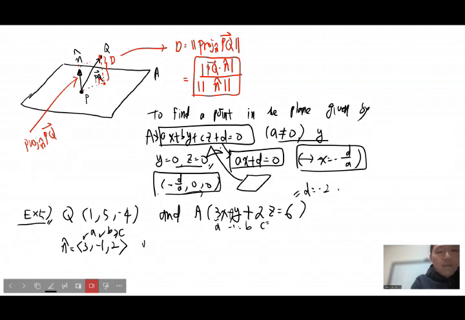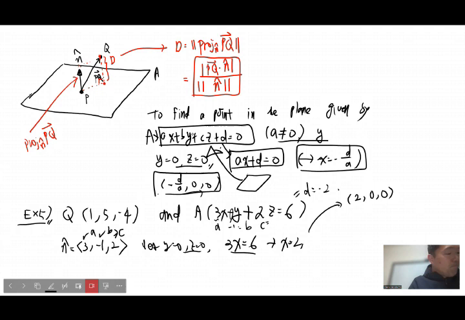Now let y equal 0 and z equal 0. Then 3x equals 6, so x is 2. So the point on the plane A should be (2, 0, 0). Now PQ from that should be (1 - 2, 5 - 0, -4 - 0), so that is (-1, 5, -4).